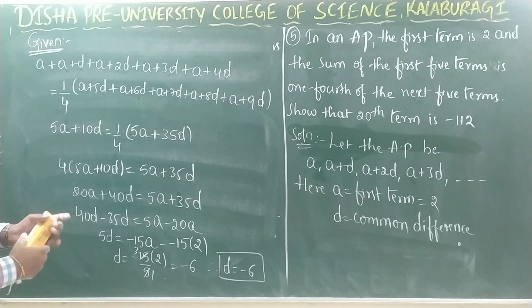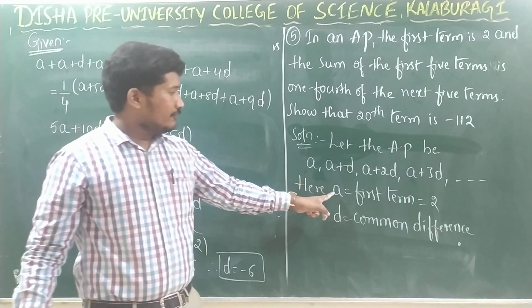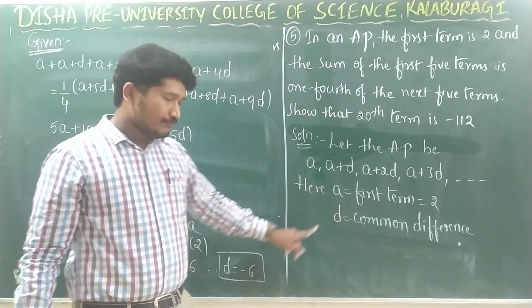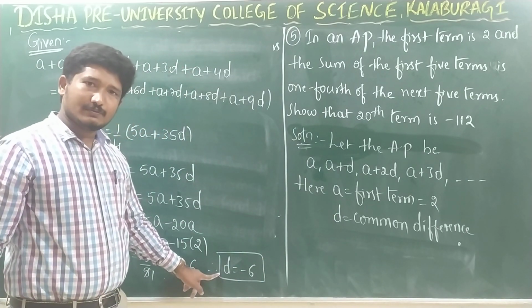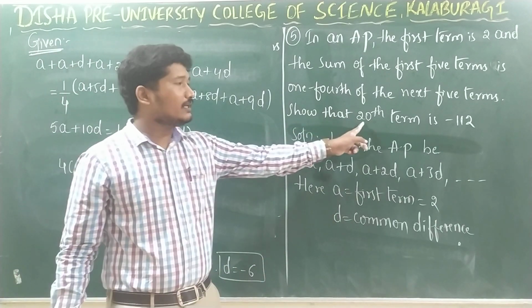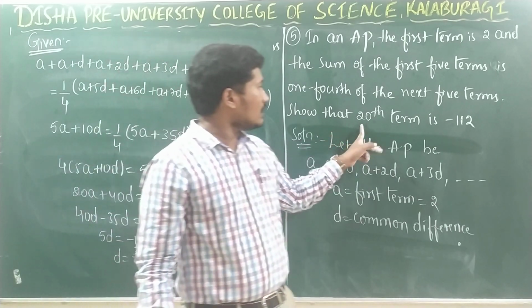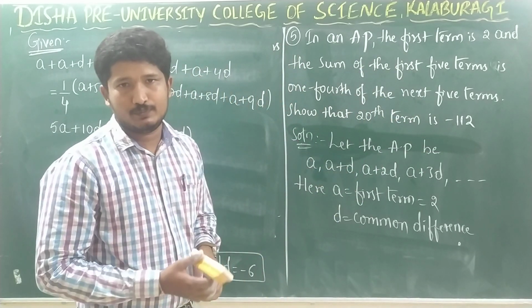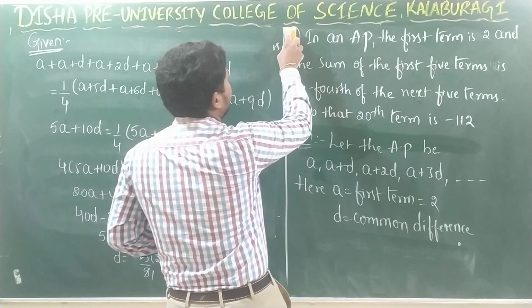So now we know the value of a, we know the common difference, and we also have the n value. So let us show that the 20th term is minus 112.